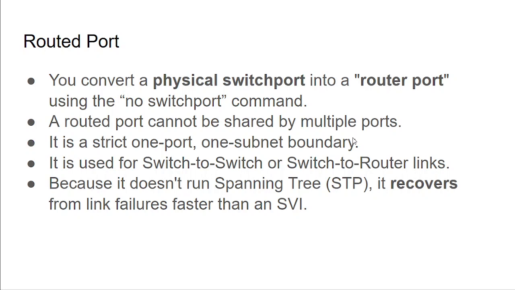It's a strict one port, one subnet boundary. It is used for switch to switch or switch to router links. The key benefits of this way are that it doesn't run spanning tree protocol, and it recovers from link failure faster than SVI.